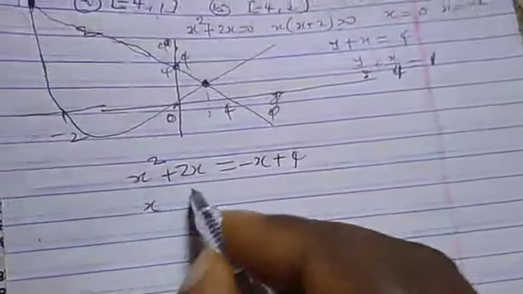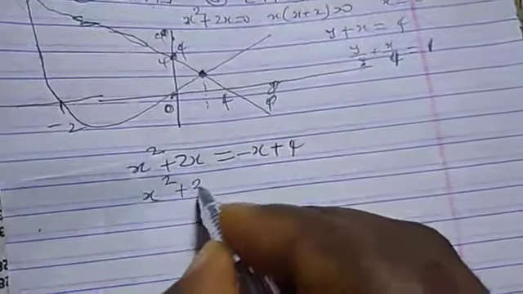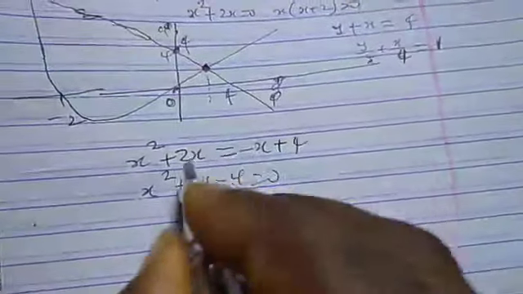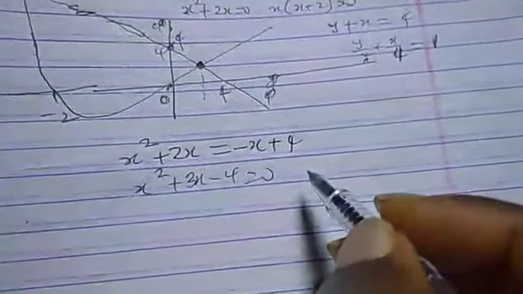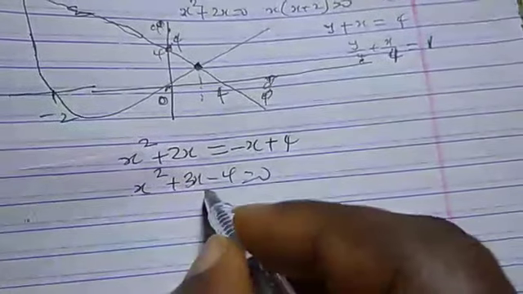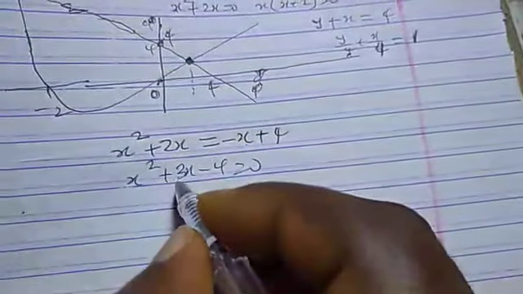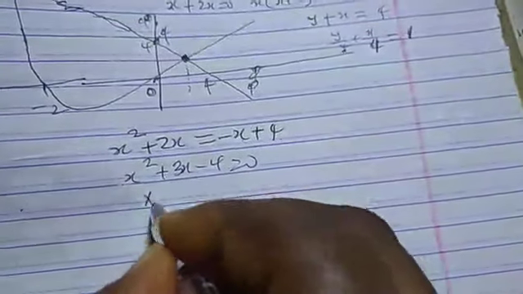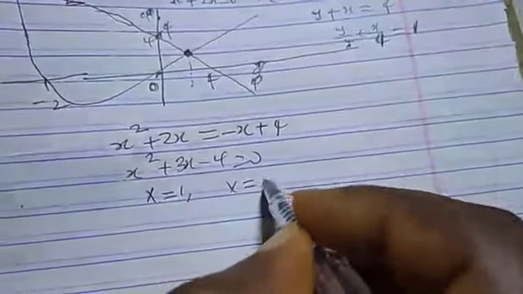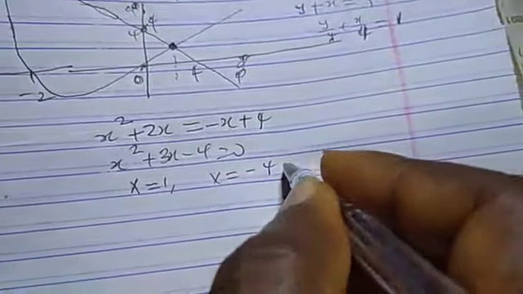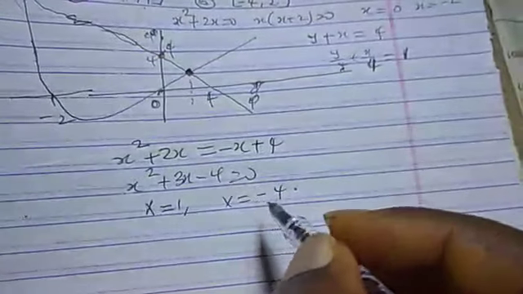So if this one comes in, we have s squared plus 3s minus 4 is equal to 0. So this will lead to a quadratic equation, and we will now need to solve it. When we solve the quadratic equation, we have that s is 1 or s is minus 4.